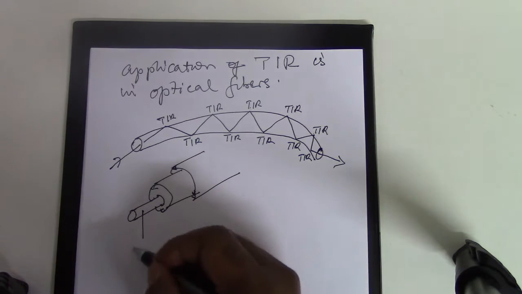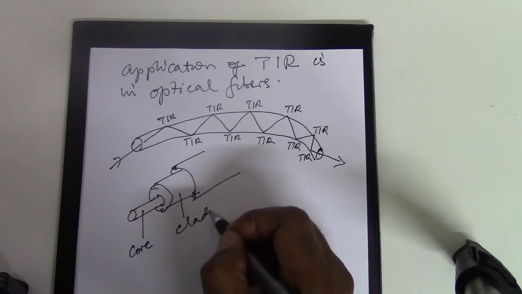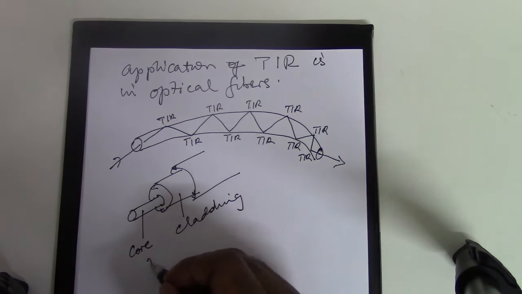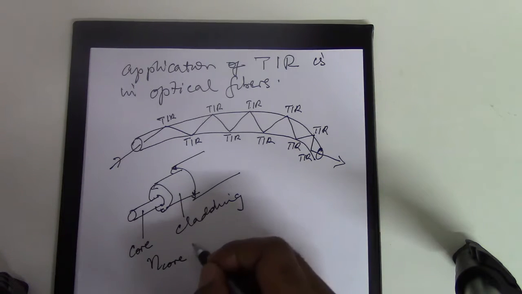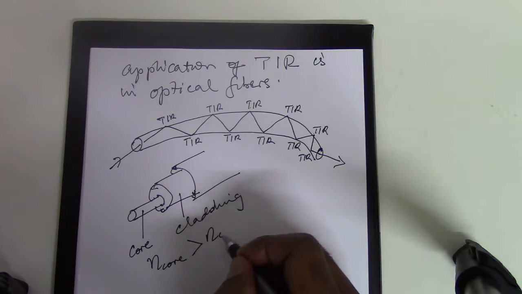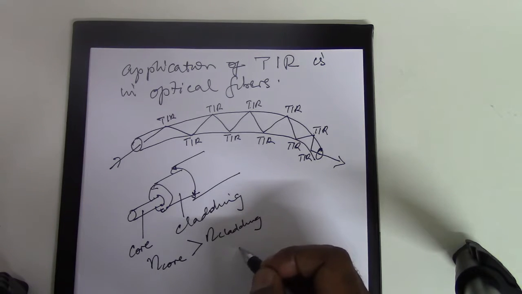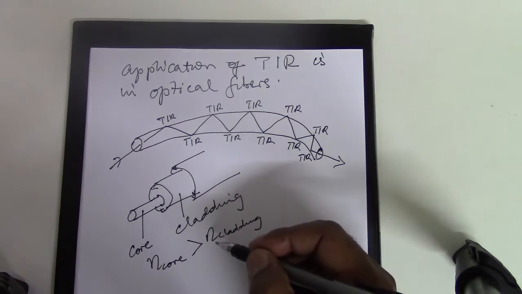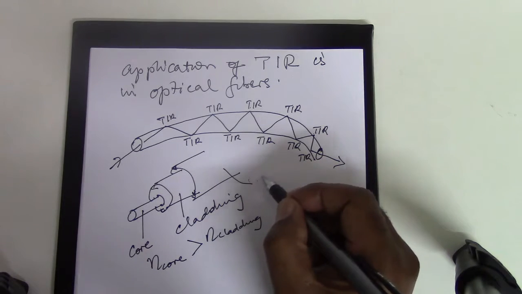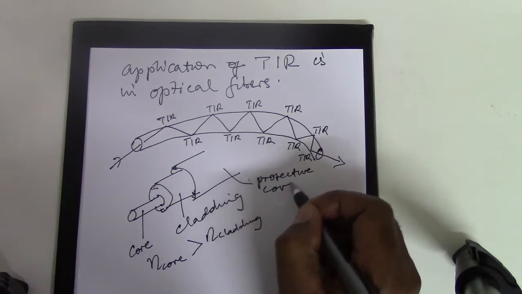Now this is the core and this is the cladding. Okay, so the refractive index of the core is greater than the refractive index of the cladding. This is how it is built up. So this other one is just a protective cover.